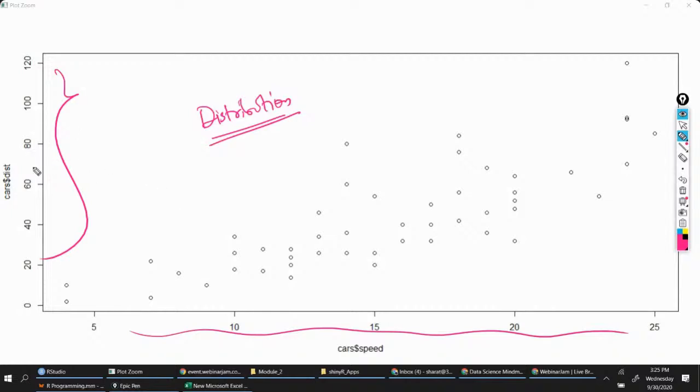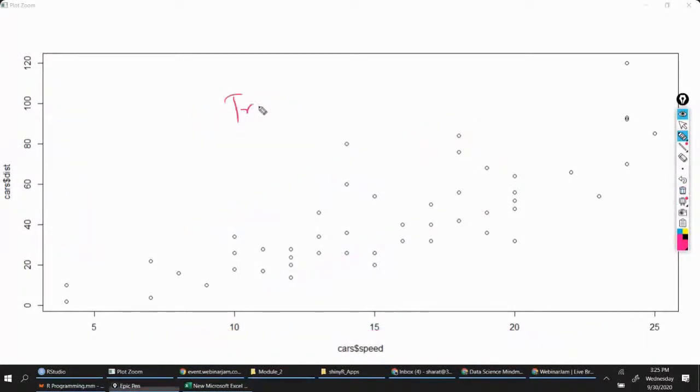This is called transformations. We learned this transformation technique in dealing with normal distribution data.